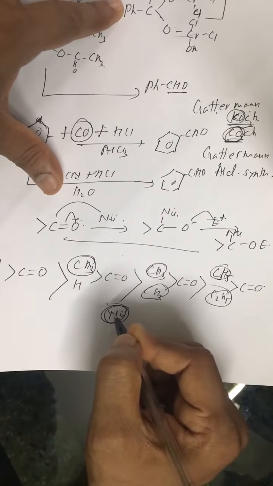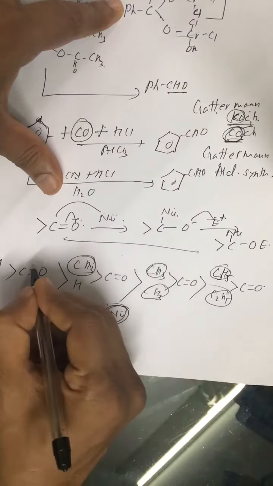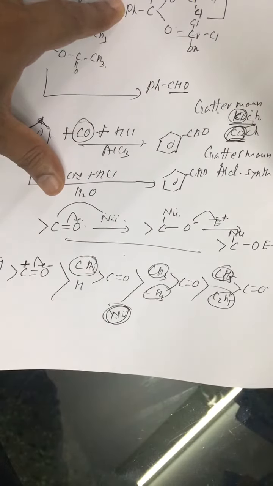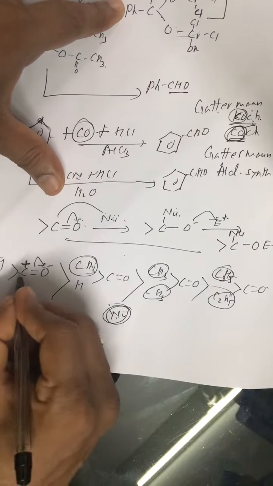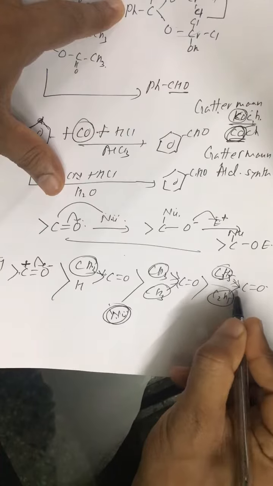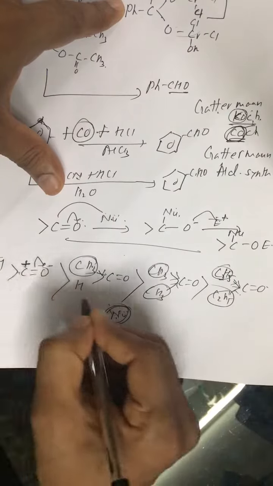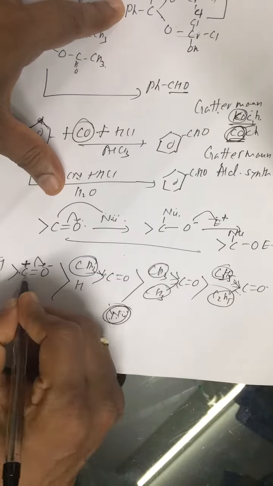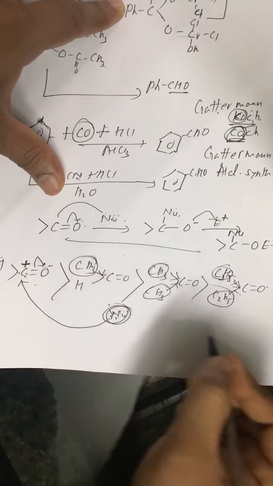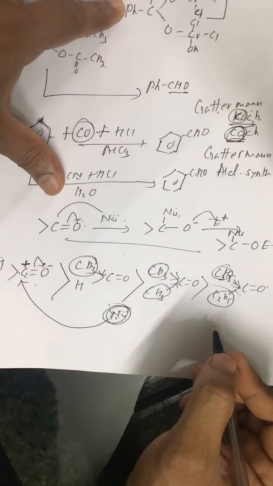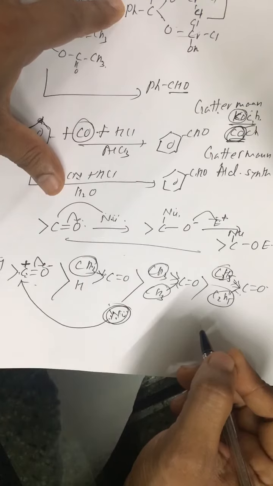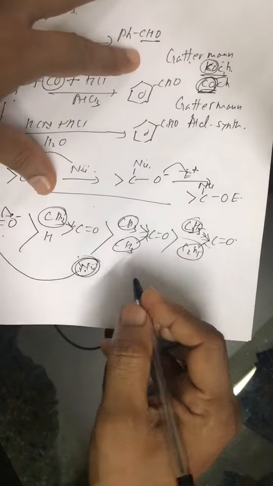And second, the magnitude of positive charge which is produced over carbon atom of carbonyl group is decreased by these alkyl groups. So greater the magnitude of positive charge, greater is the rate of attack of nucleophile on this carbon atom, and faster is the reaction rate. So aldehydes are more reactive than ketones.